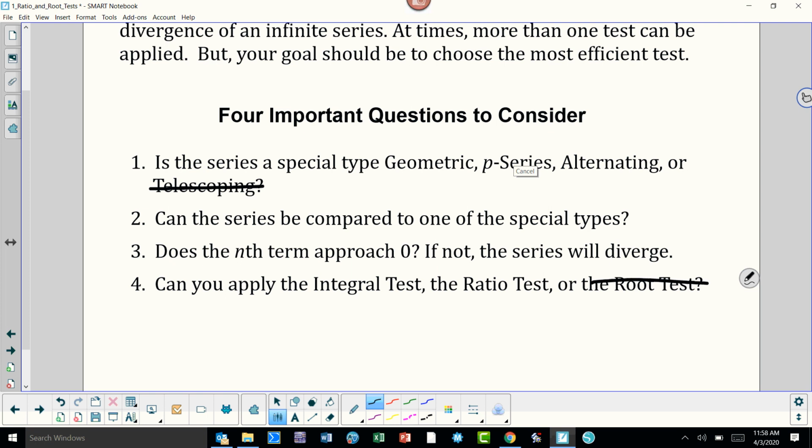But definitely the very first thing I would always look at is, is this just geometric? Is it a p-series? Is it alternating? Because I have very specific tests for those situations. So we definitely want to start there.